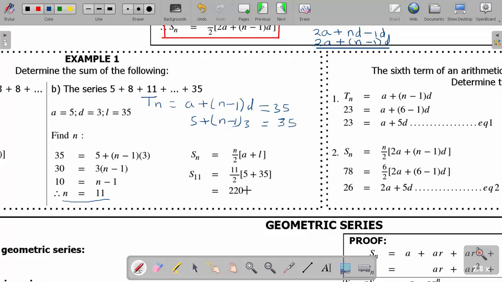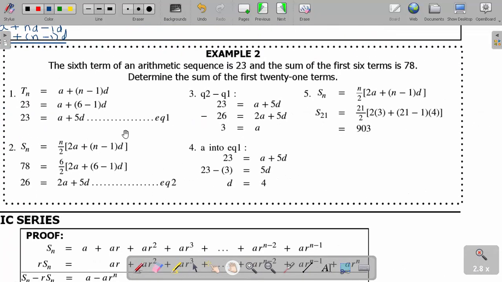Are we together? Then another form of this question, they can ask it like this. They can say the 6th term of an arithmetic sequence is 23 and the sum of the first 6 terms is 78. Determine the sum of the first 21 terms. Let's mark out the important information here.